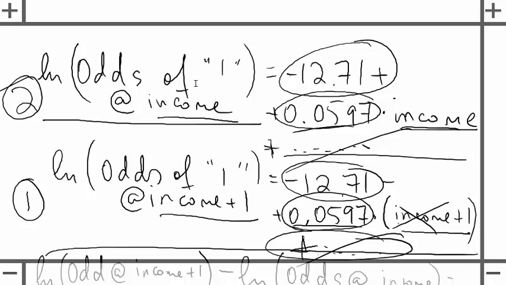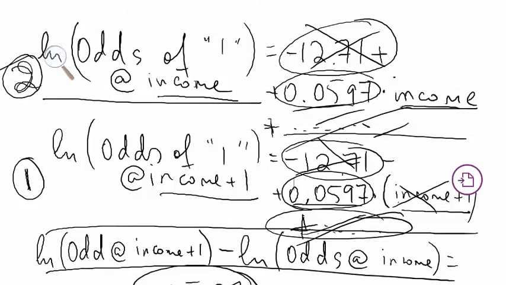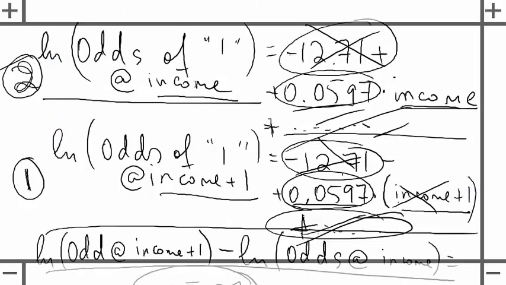So if I take line number 1 and subtract line number 2, all the other variables will cancel out because they have identical values. Intercept will cancel out because it's the same everywhere. Moreover, 0.0597 times income will cancel out on both sides, and I will have only 0.0597 times 1 on the right side.